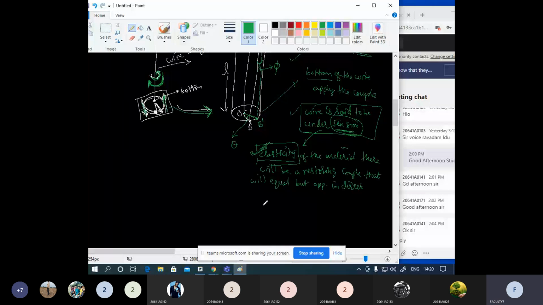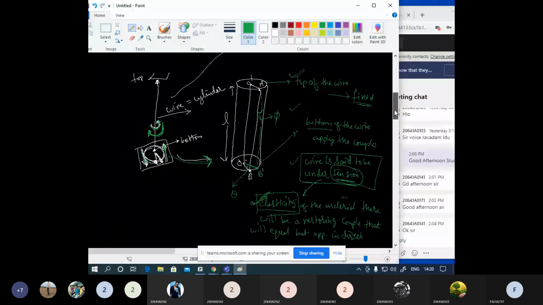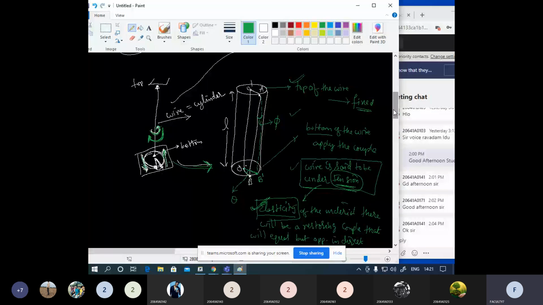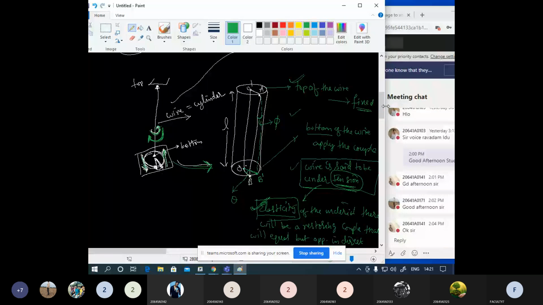Now let us consider what is theta and what is phi. Can you estimate the meaning of theta and phi? Is there any answer from your side? Here is the theta, which is at the bottom. Now here this is phi.